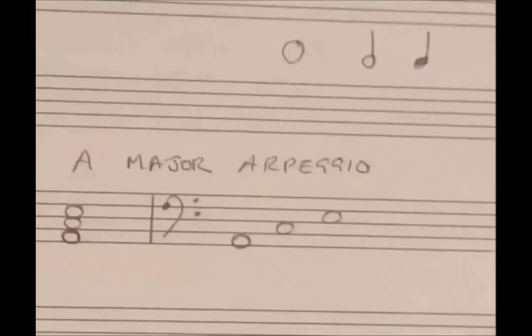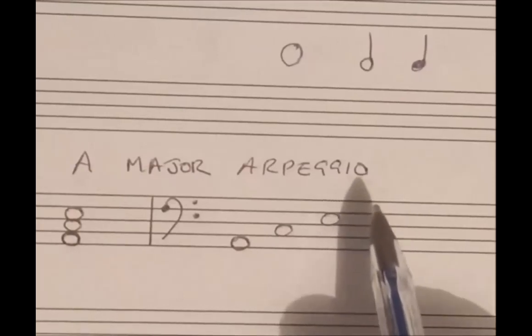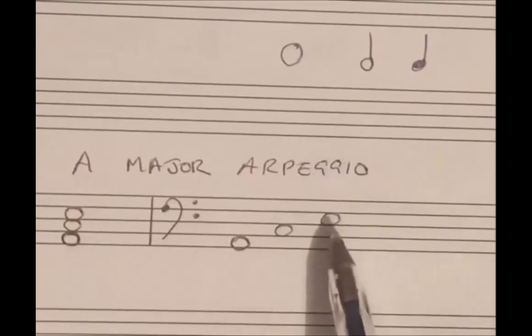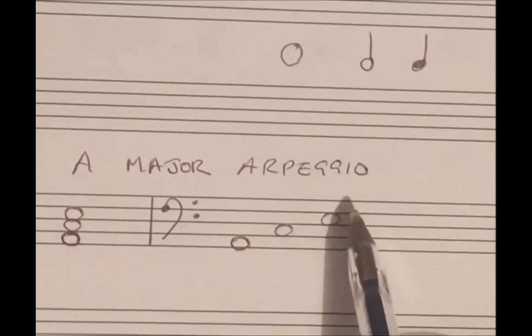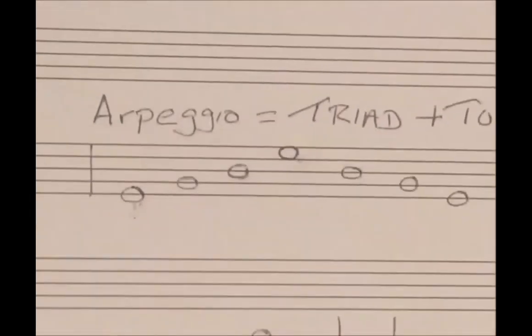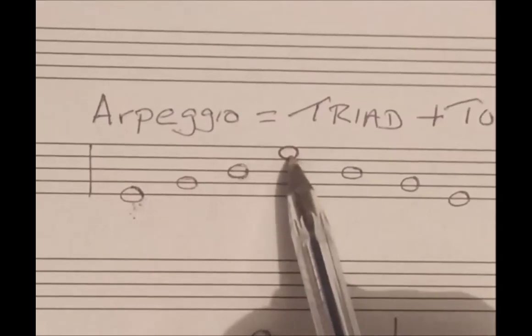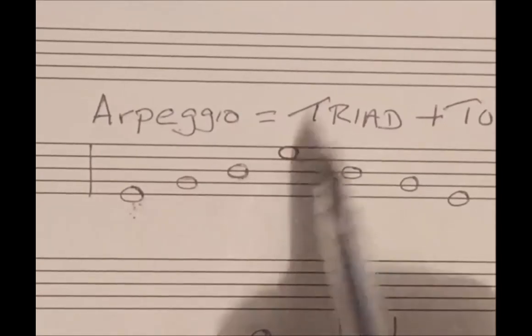So, we have the triad. Where is the tonic going to be? Where's A going to be up here? It's going to be a line. Because we notice in arpeggios, the triad is always followed by the difference, which would be a space.